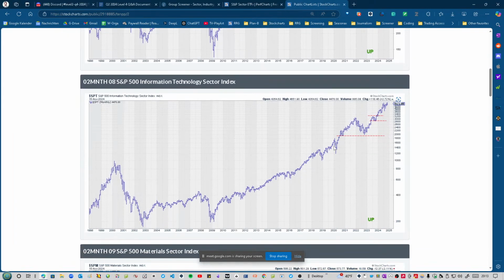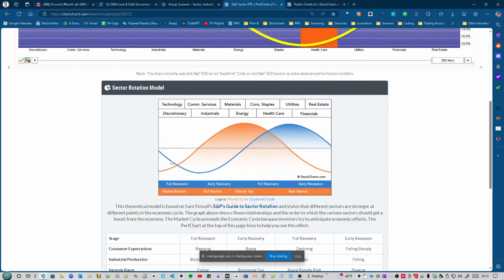If you see that the technology sector on a monthly basis is moving up, and you see the other sectors rallying too, then you can expect that we are at a market bottom and in the early bull market phase.